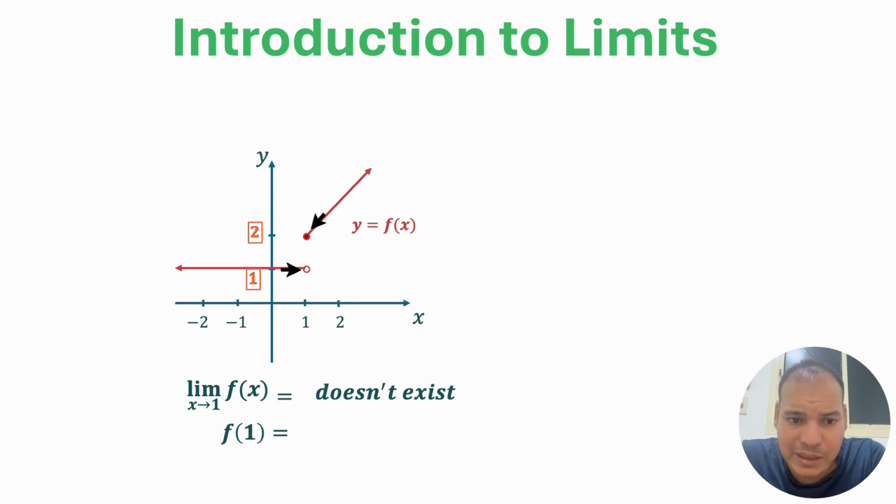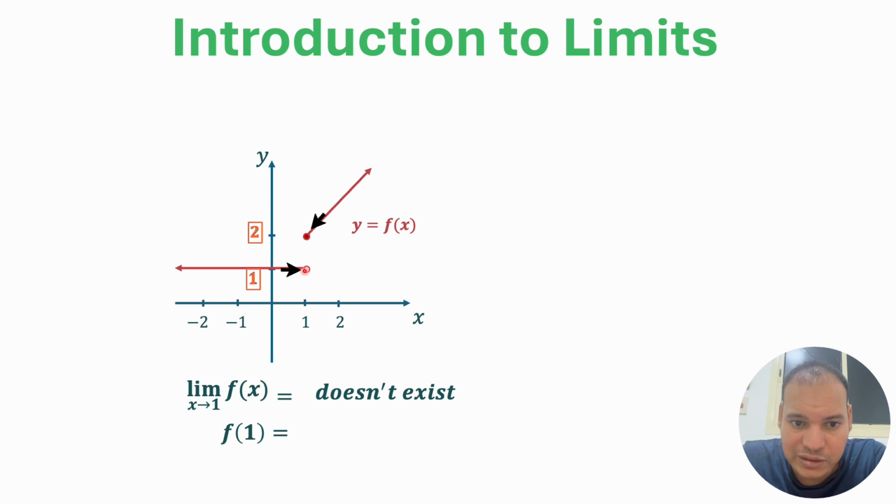Okay, by the way, let's find the value of f of 1. f of 1 is the y value that corresponds to 1 on the x-axis. So I'm going to start here. This is 1. Here, this is an empty circle. So 1 doesn't belong to this piece of the function, because this is a piecewise function, formed of 2 pieces.